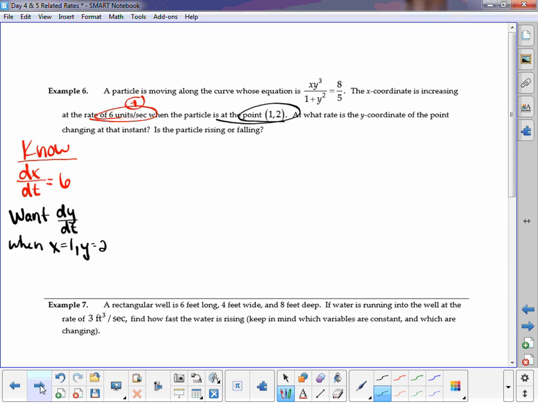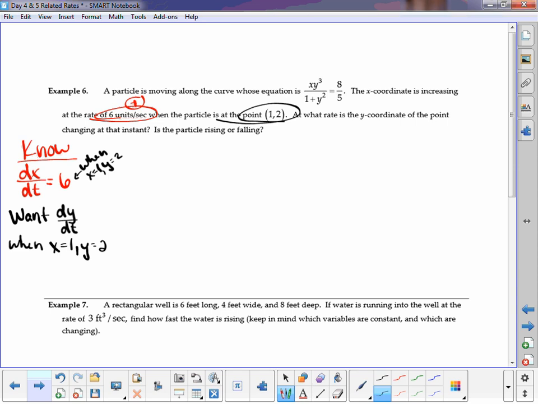Good point, thank you. This is when x is 1. Thank you, Reed. Because our x value is not changing at the same rate. Good. Alright, other questions?